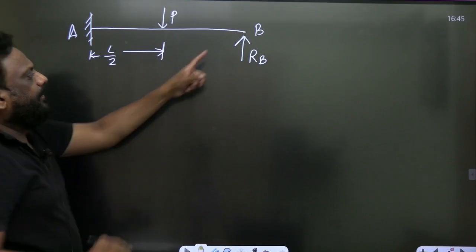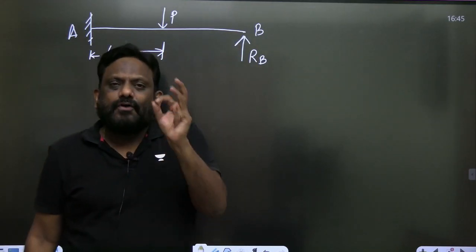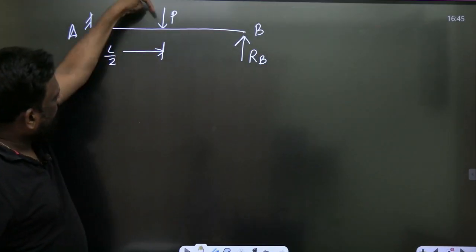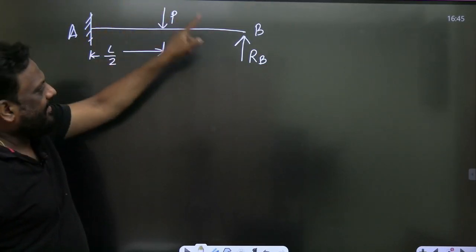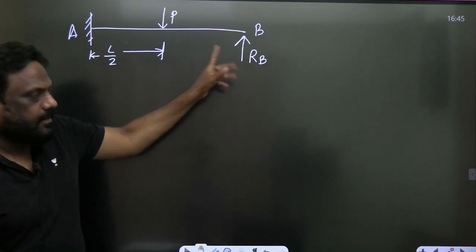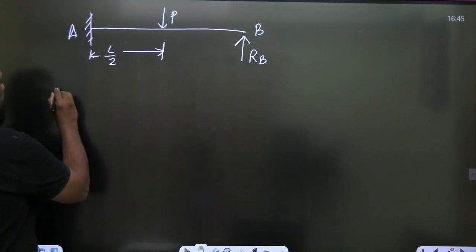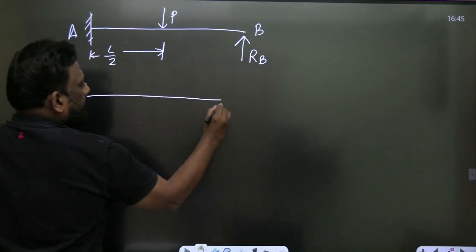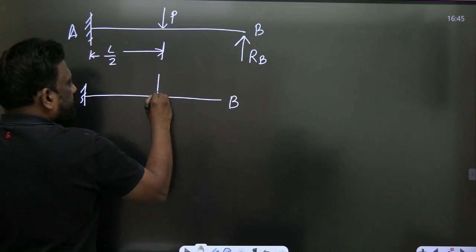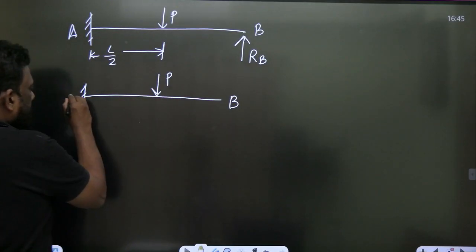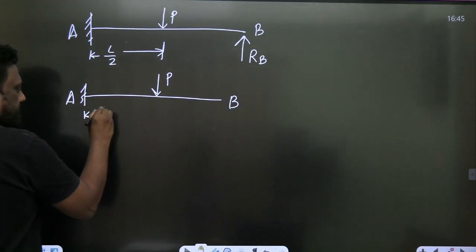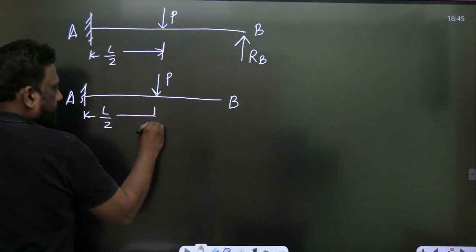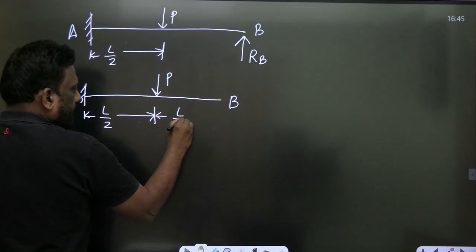This point B is under the influence of two loads. One is due to this P, the other is due to this RB. Let us take case 1. This is point B, this is your load P, this is end A, and this is our L by 2, and this is also our L by 2.